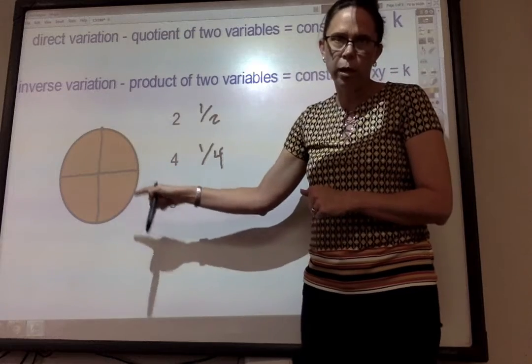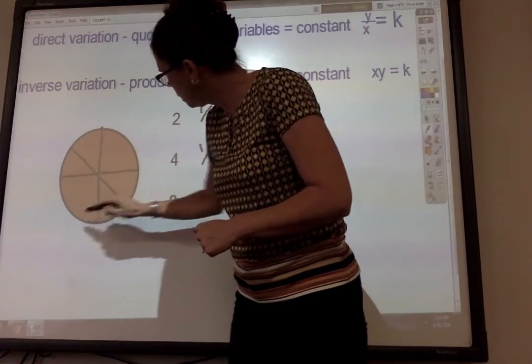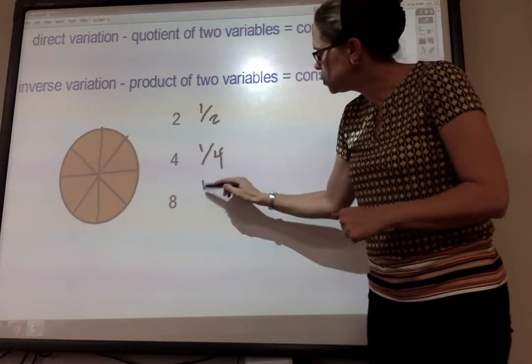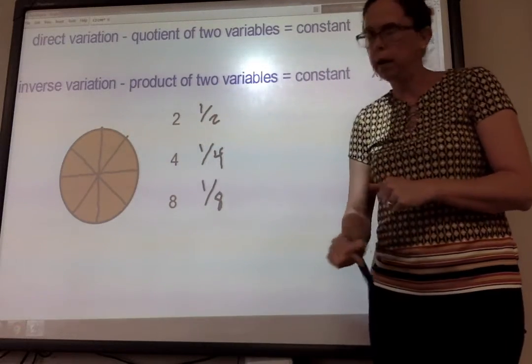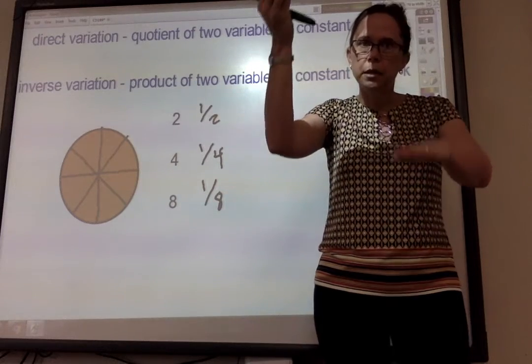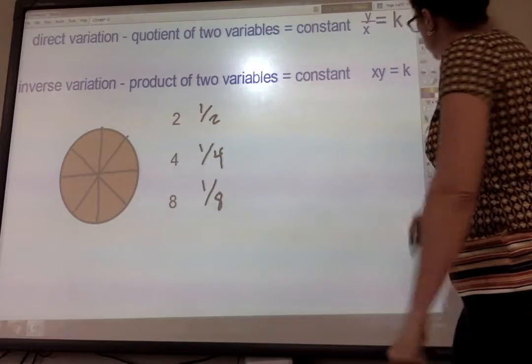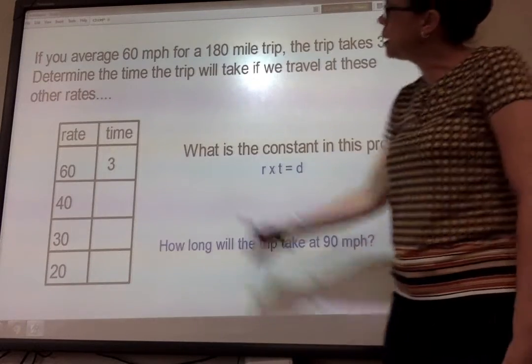So our slice of pie is getting smaller. If 8 people are going to eat the pie, then each person gets 1/8 of the pie. As the number of people eating the pie increases, the size of our slice decreases. Inverse relationship.